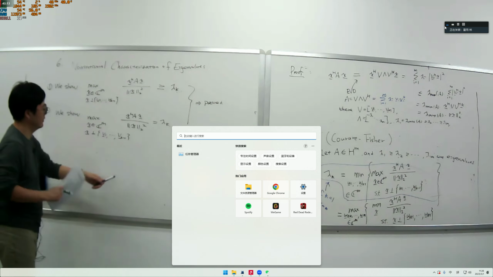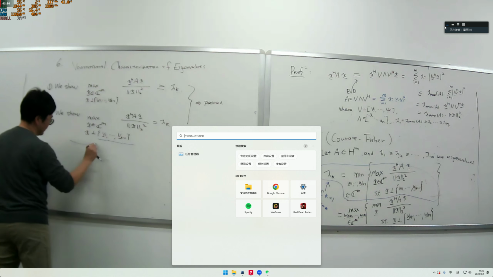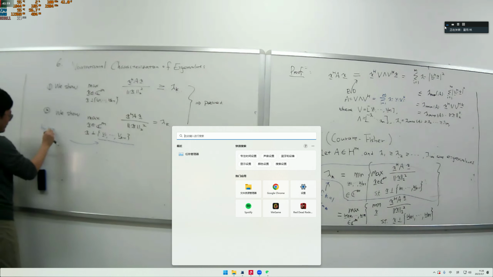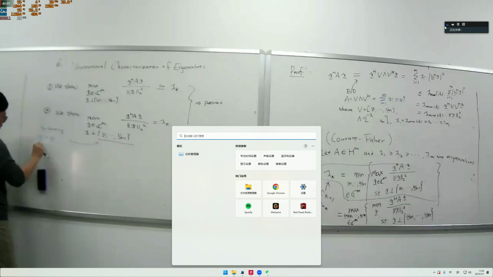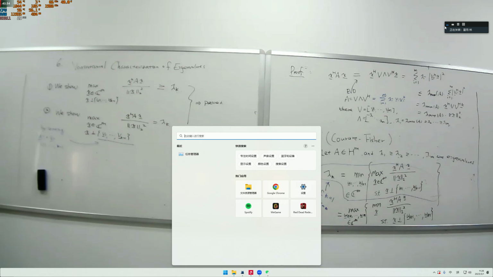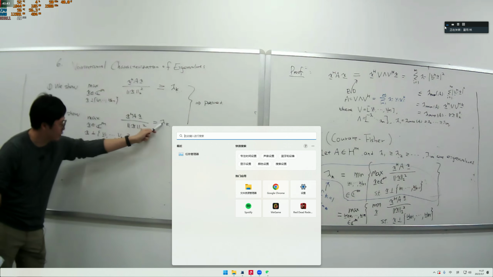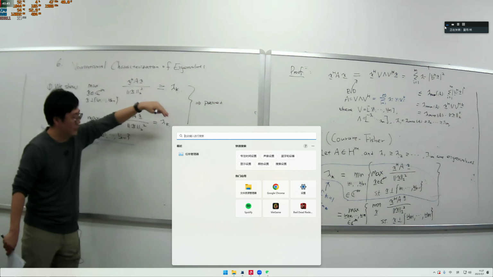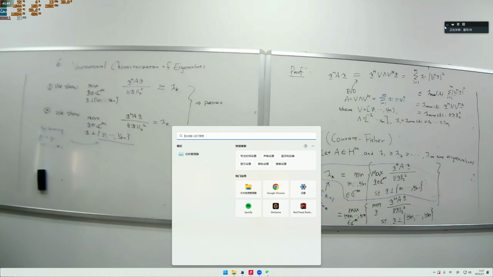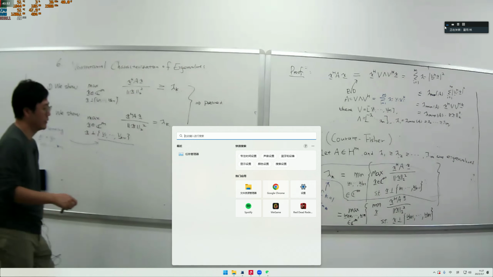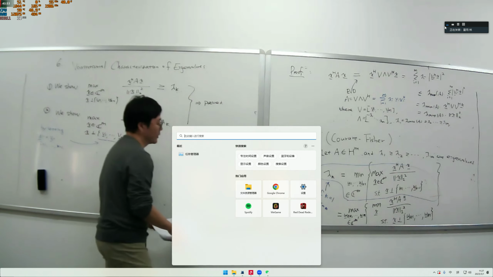Then we show that by choosing Wi equal to Vi, for i from 1 to k minus 1, for this particular W, the value equals lambda_k. That means this lower bound is attained. So we prove this statement.